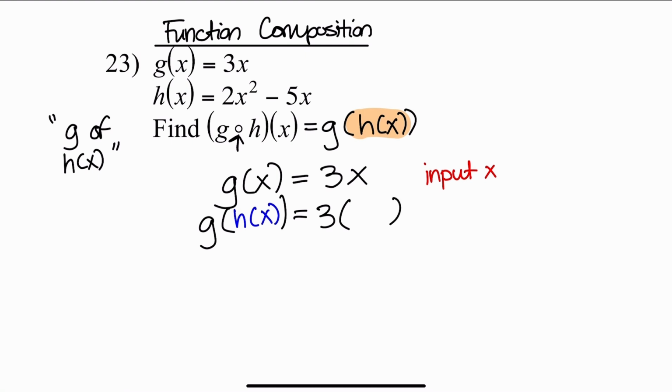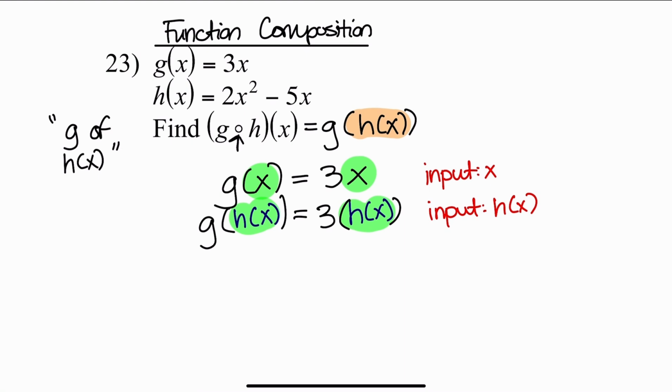Now we have had a change. H of x is now the input. Notice the difference. It used to be that we inputted x, right? Now we're inputting h of x. The input has changed to be h of x.